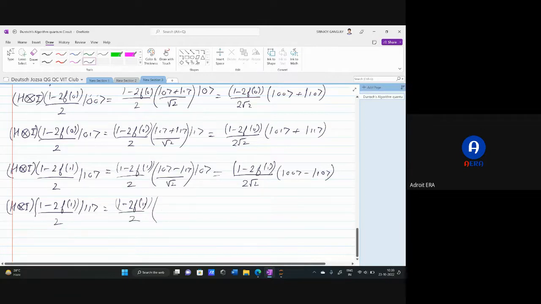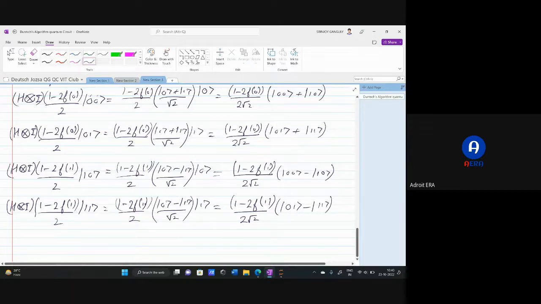Hadamard applied to ket 1 is (|0⟩ − |1⟩)/√2, and then the second qubit is also ket 1, right? But we don't do anything to that, it's identity. H ⊗ I. So therefore (1 − 2f(1))/(2√2), and then finally we get |0⟩|1⟩ − |1⟩|1⟩.